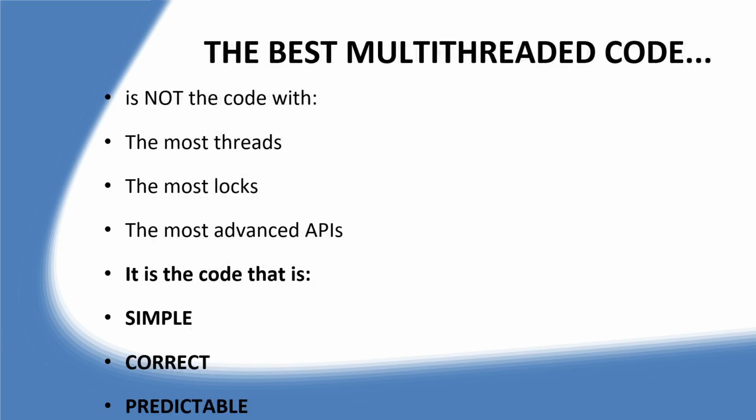So here is the most important principle in the entire module. Good multi-threaded code is not the code that uses a large number of threads. It is not the code with the most locks, and it is not the code that uses the most advanced concurrent APIs. Good concurrent code is simple enough, correct under different thread schedules, and predictable in its behavior.